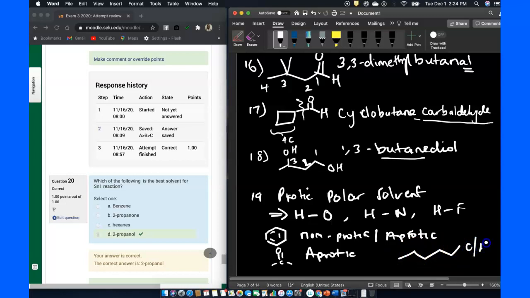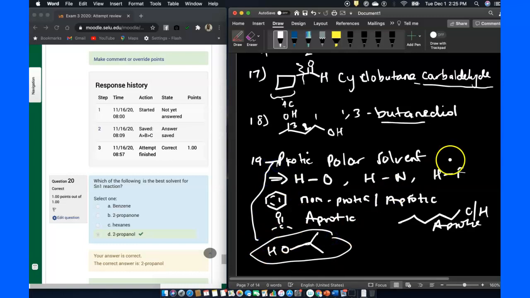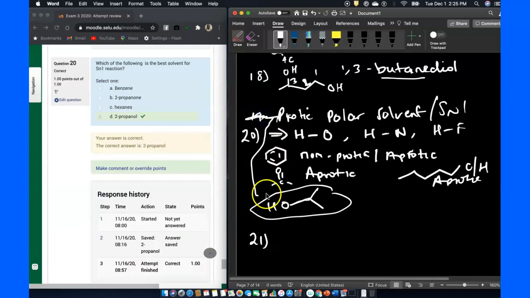All you have here is carbon-hydrogen bonds. Again, this is aprotic. So the answer is 2-propanol because that's an alcohol. This guy is protic and it's polar. So that's the best for SN1. We explained in the lecture why you want polar protic solvents for SN1. Okay, I think that was question 20. So that was the last part of the test, exam 3.